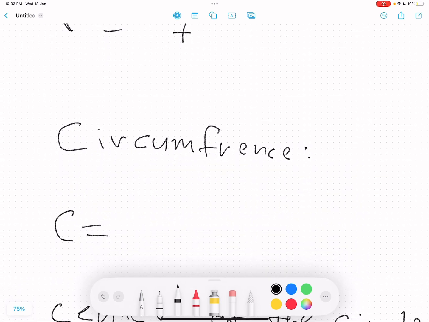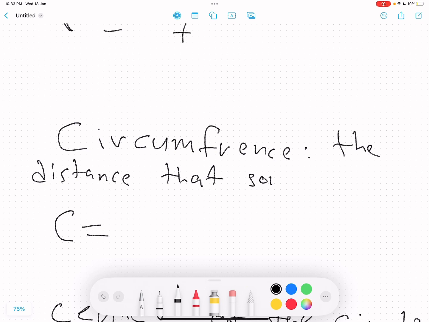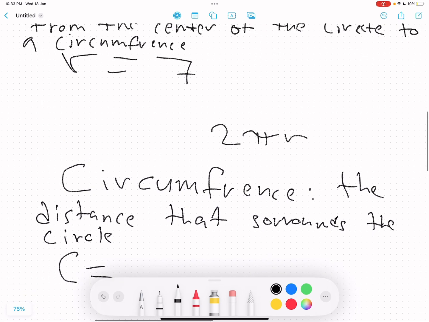And now the circumference. The circumference is technically the distance that surrounds the circle. Just like a perimeter, but for other shapes. So it's a perimeter for a circle. So the formula for a circumference is 2 pi r. Now we have all the information provided.